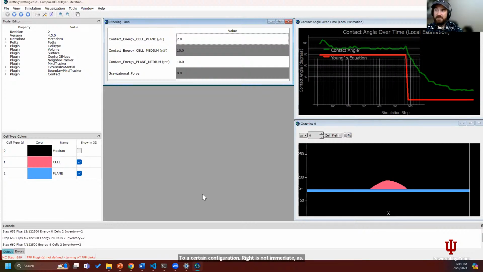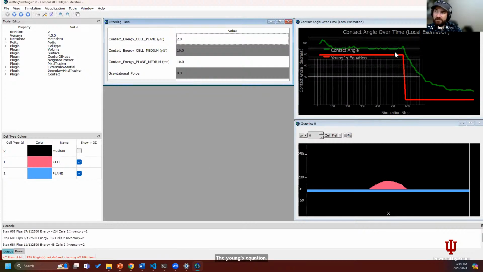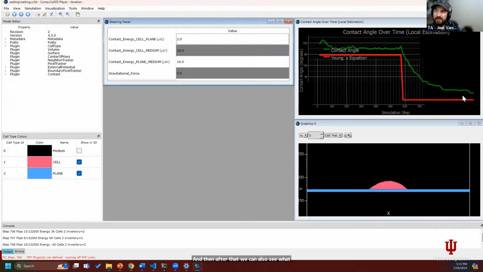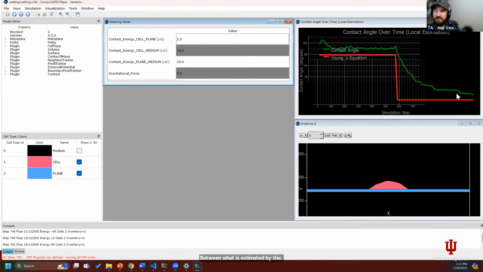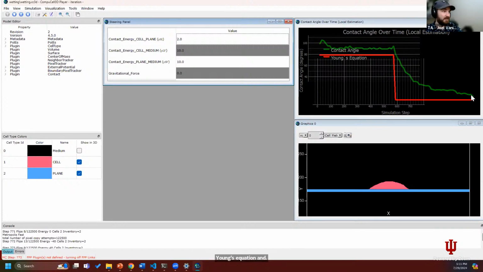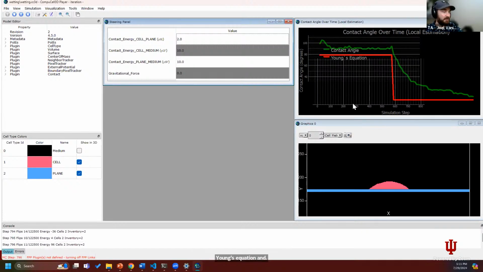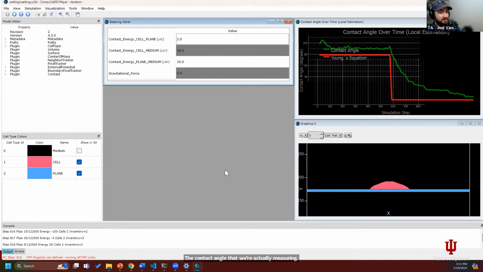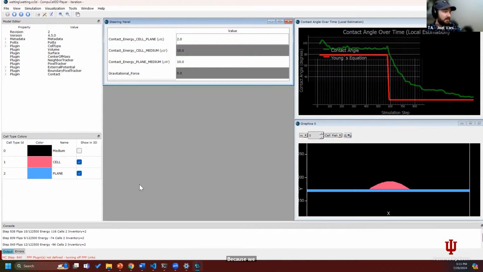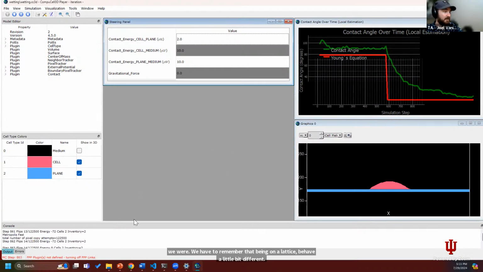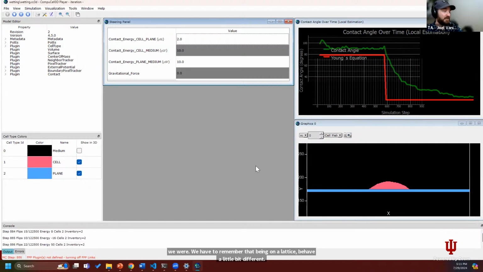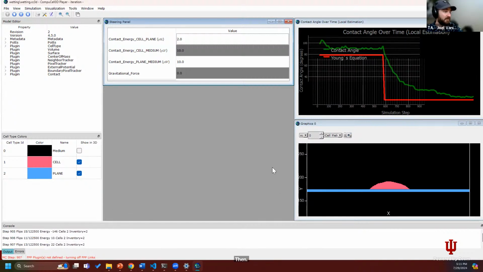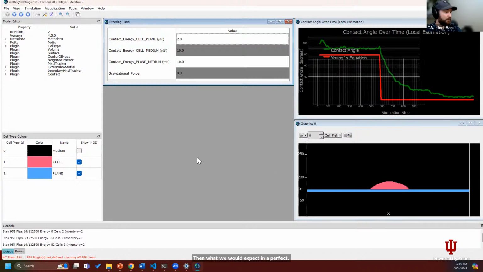And then we can also see what is the margin of error between what is estimated by the Young's equation and the contact angle that we're actually measuring. Because we have to remember that being on a lattice, things behave a little bit differently than what we would expect in a perfect, real world resolution.